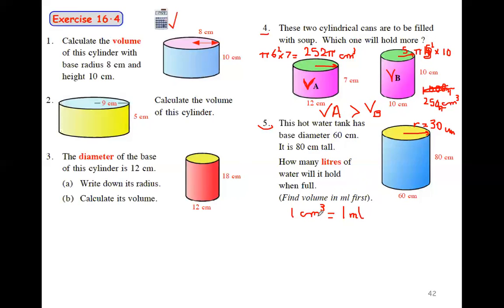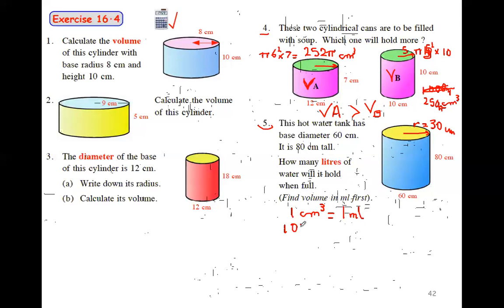So 1 centimeter cube will hold a 1,000th of a liter. So you need 1,000 of those wee centimeter cubes to fill a bottle of 1 liter. Okay, so that's one thing. We've been asked to give it in liters. 1,000 milliliters is equal to 1 liter.